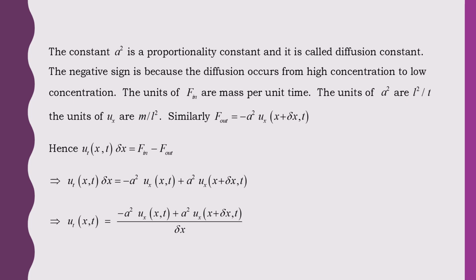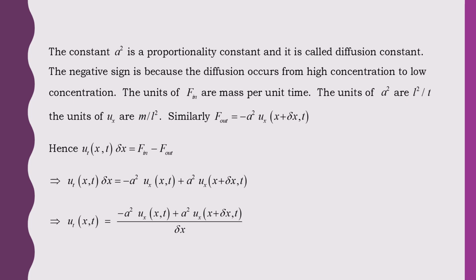After taking out a square, we obtain u t of x comma t times delta x equals a square times u x of x plus delta x comma t minus u x of x comma t.